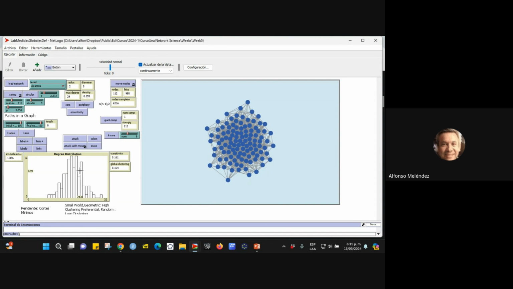So if you are studying a network that has similar properties to a random network, but it's not a random network, for example a social network or a real network, if you discover similar properties, then you can use this model to do predictions.